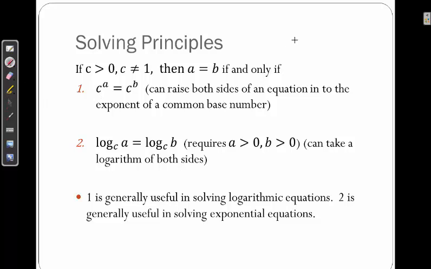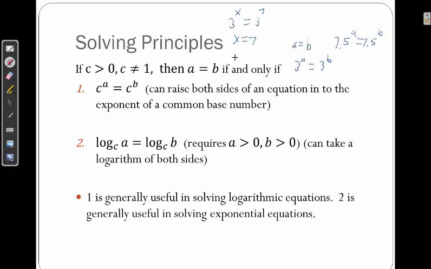So for example, if I had A equal B, I could say 3 to the A equals 3 to the B. I could say 7.5 to the A equals 7.5 to the B. More importantly, if I had like 3 to the X equals 3 to the 7, I could drop from this form back to A equals B, so back to X equals 7.